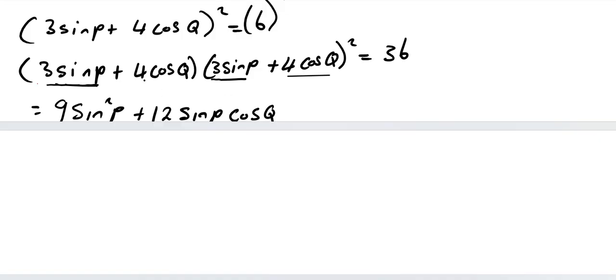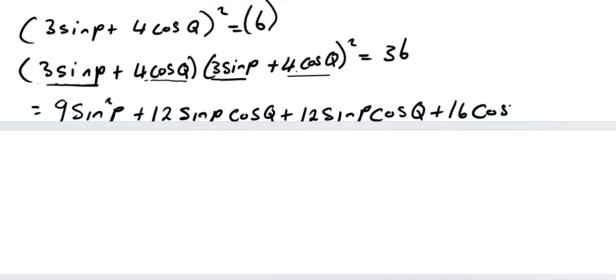Then 4 cos q multiplied by 3 sine p gives plus 12 sine p cos q. And 4 cos q multiplied by 4 cos q gives plus 16 cos squared q, equal to 36.